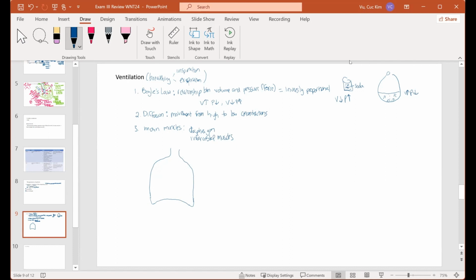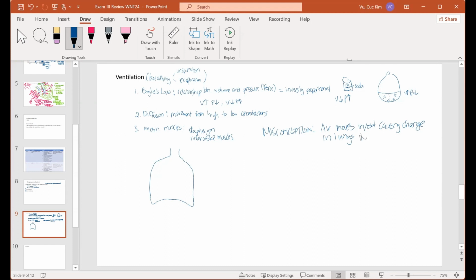A misconception a lot of students have is that the air moves in or out, and then that causes a change in your lungs.